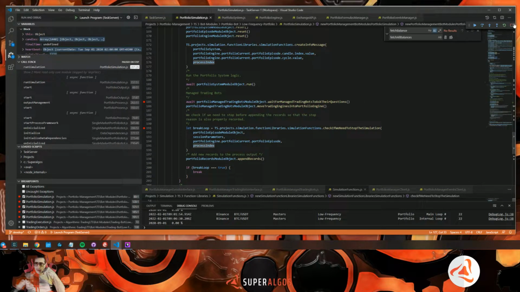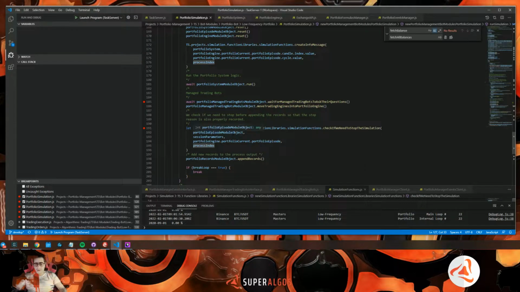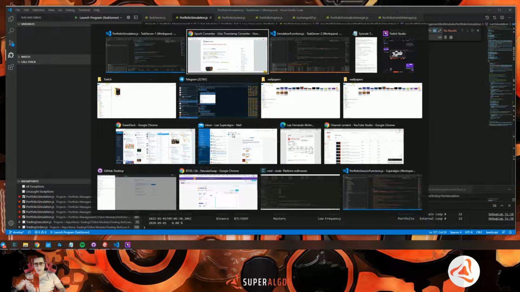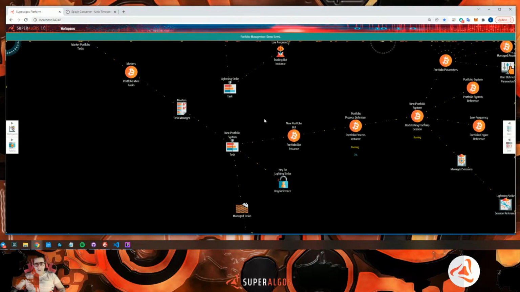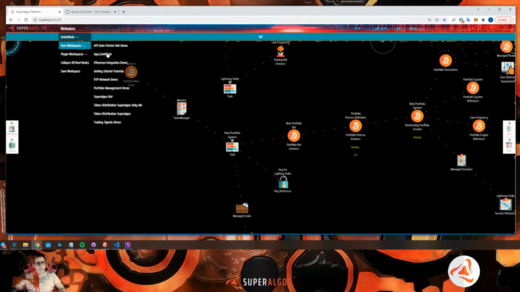I need to know how this works, because all this is based on a trading bot, right? So I need to know how this works in a trading bot. But for that, I need a normal trading bot. For example, the one that I have here.